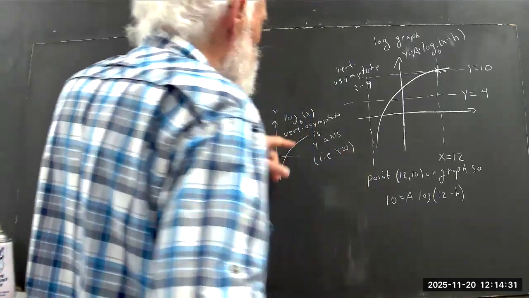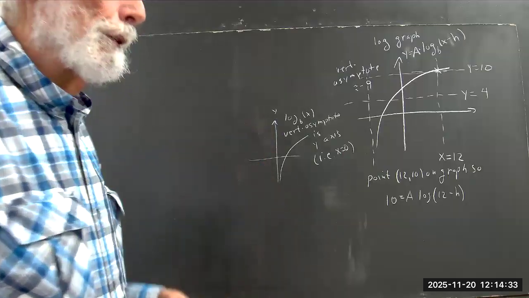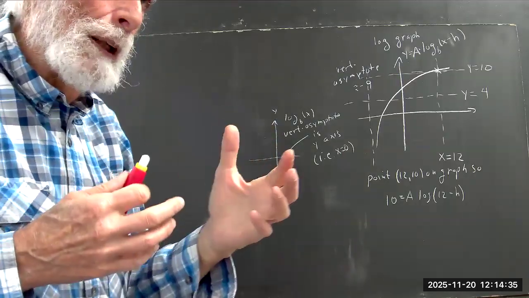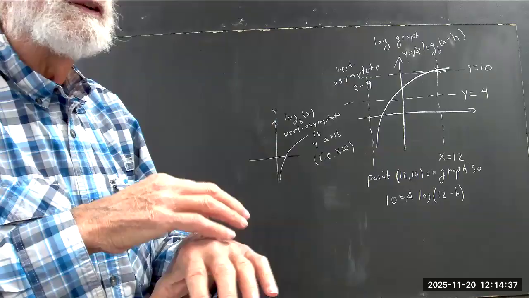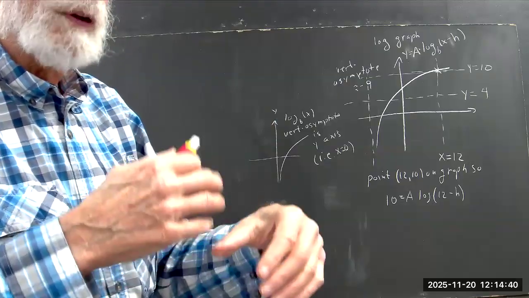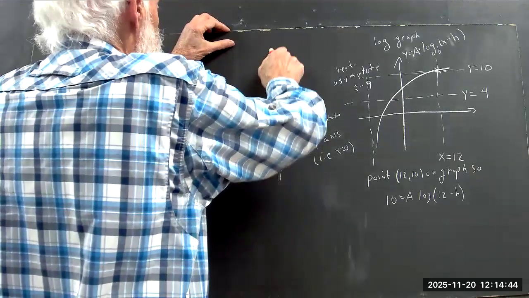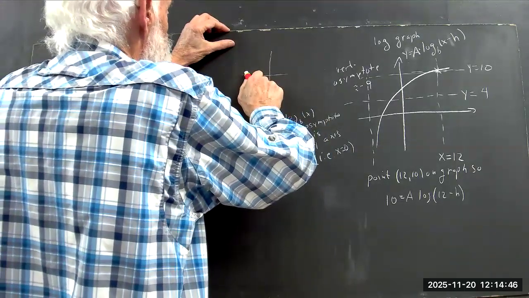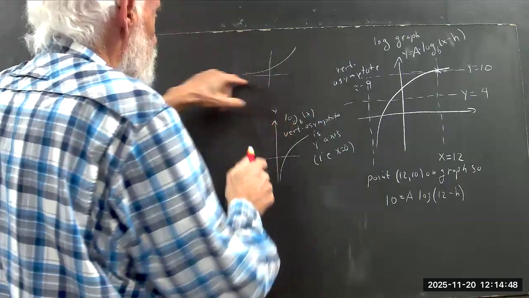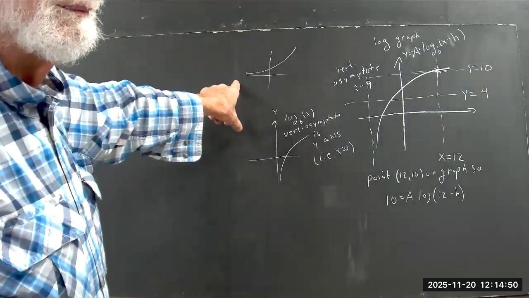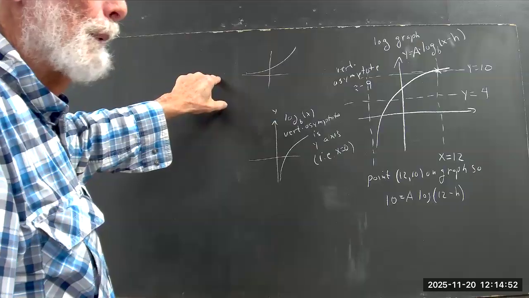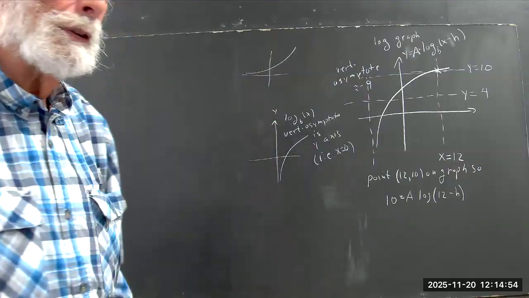Now remember that the log function is obtained by just swapping the coordinates of the exponential function. And the reason the log function has an asymptote there is because the exponential function has an asymptote here. The negative x-axis, when you swap coordinates, becomes the negative y-axis.